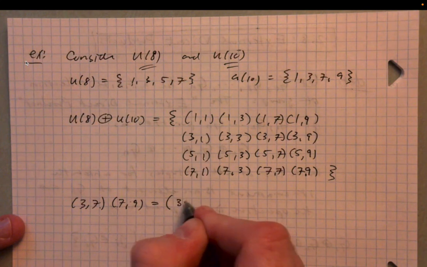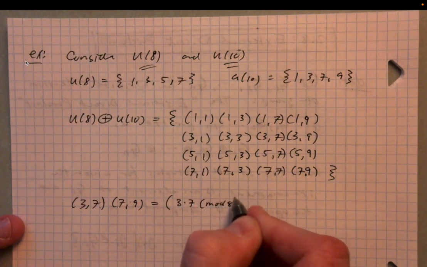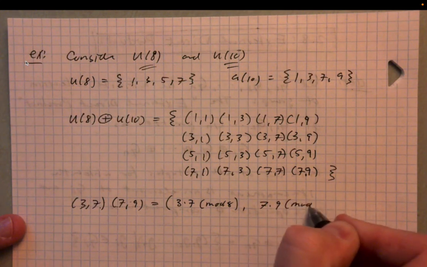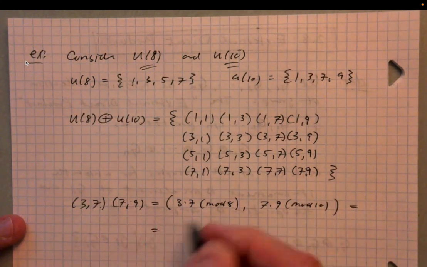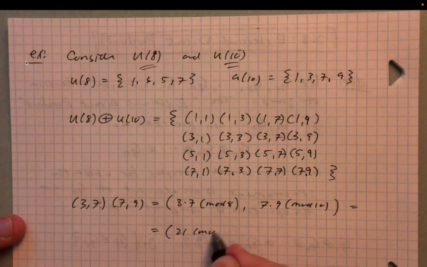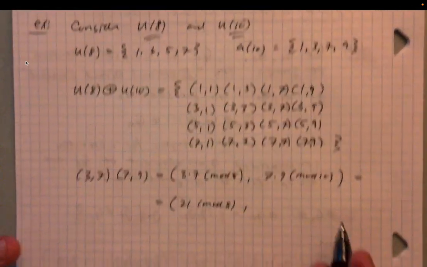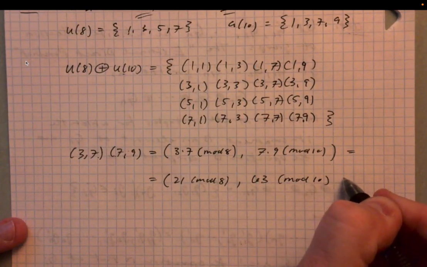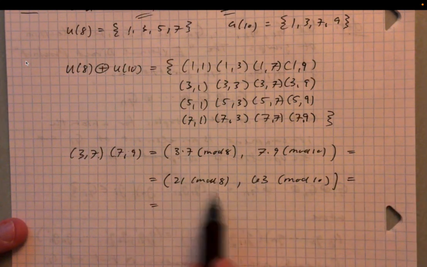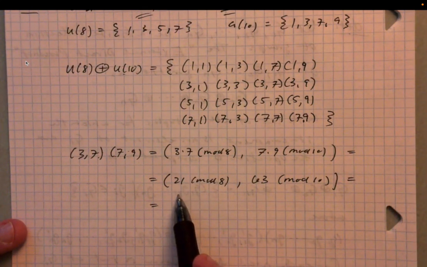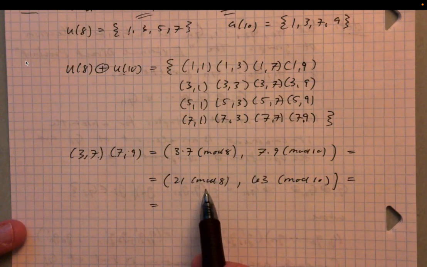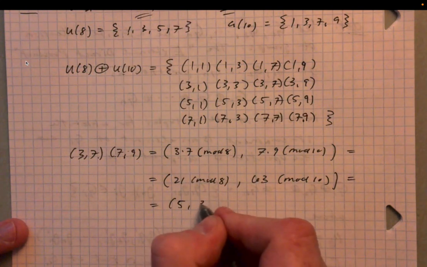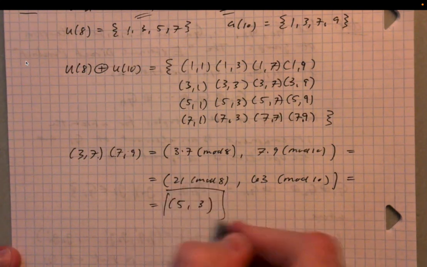This would be 3 times 7 mod 8, and then 7 times 9 mod 10. So this is 21 mod 8. Obviously, I'm filling in a lot of the gaps here to make sure this is really clear. And then it's 63 mod 10. 21 mod 8 is, well, you've got 16, so 21 minus 16 is 5. And then 63 mod 10 is obviously 3. So the two would combine like that.